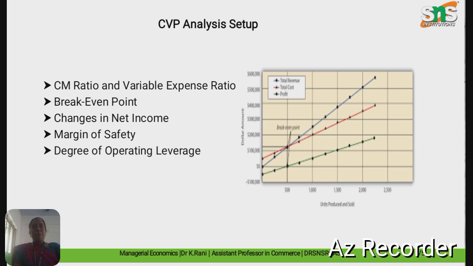Break-even point. The break-even point in units is the number of products the company must sell to cover all products and costs. Similarly, the break-even point in dollars is the amount of sales the company must generate to cover all products and costs. The formula for break-even point equals total fixed cost by CM per unit.